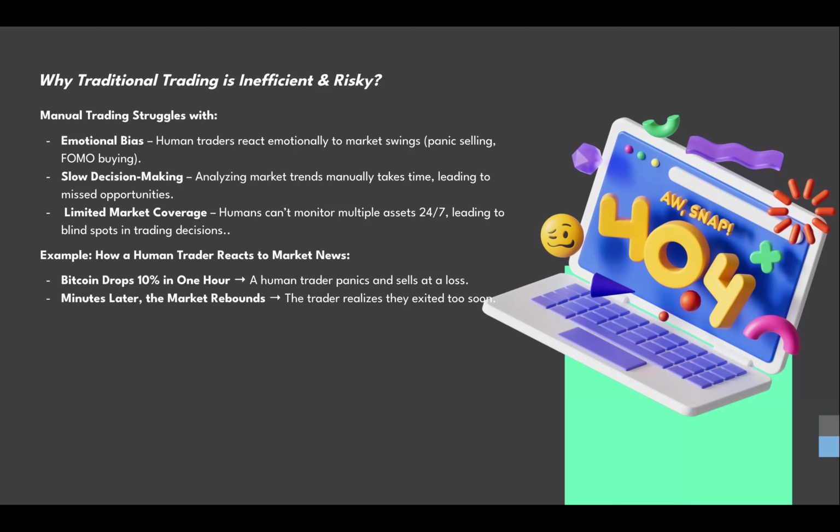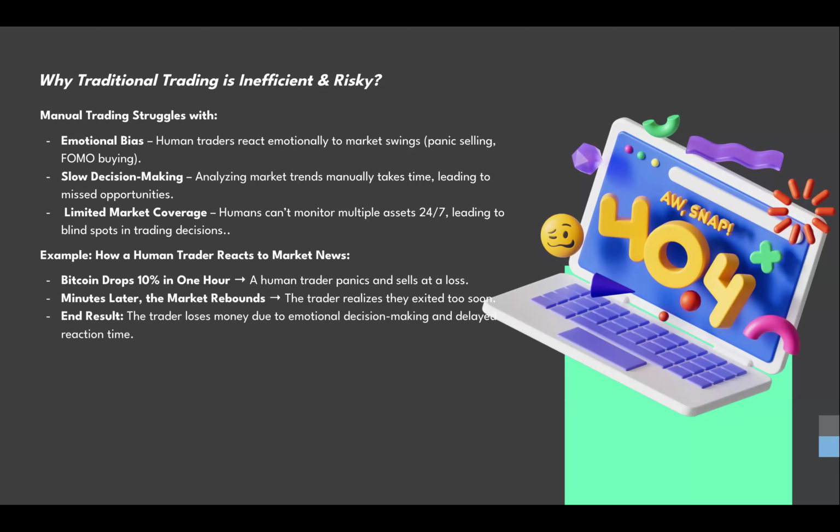That's one of the things I mentioned, emotional bias. We're just reacting emotionally to the market, and because of that, we're selling or buying. The person reacts and then realizes, I would have been in profit if I had left this trade.